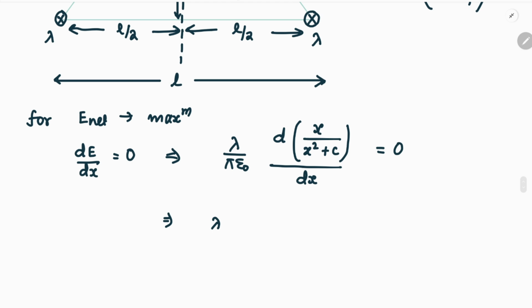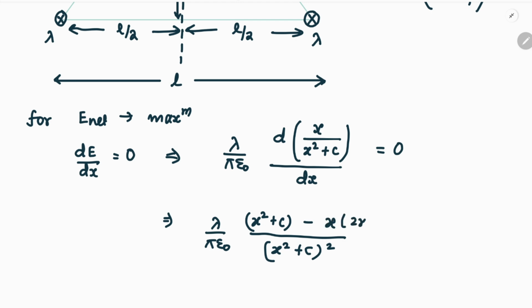So we apply the denominator square, so x square plus c whole square. We will keep the denominator constant and differentiate the numerator, and then subtract from that the derivative of the denominator keeping the numerator constant, and equate it to 0.